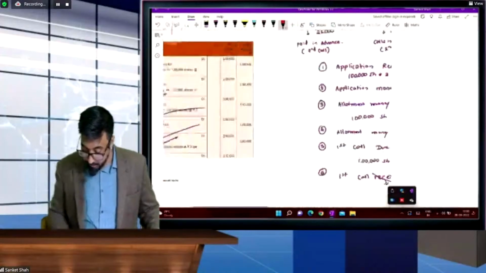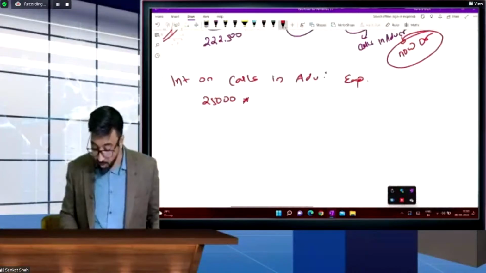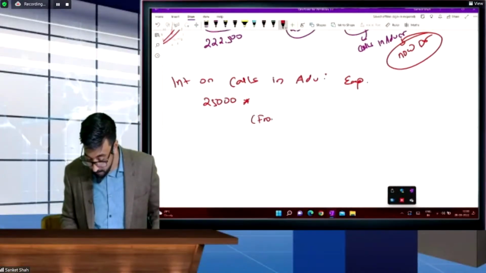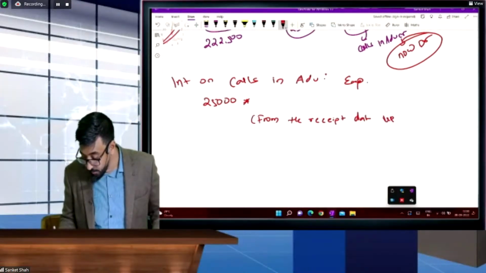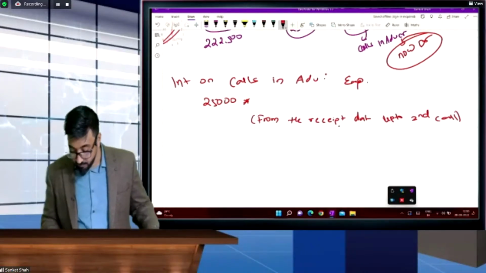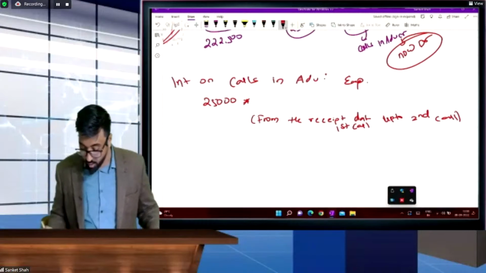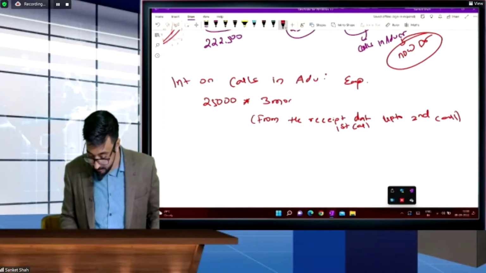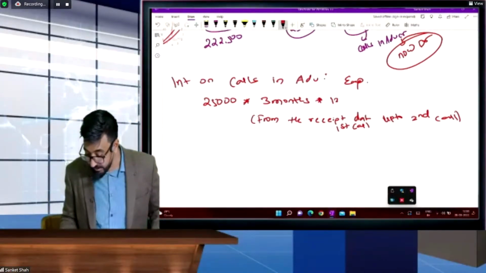So 3 months from the receipt date of first call up to second call, and interest rate is 12%.